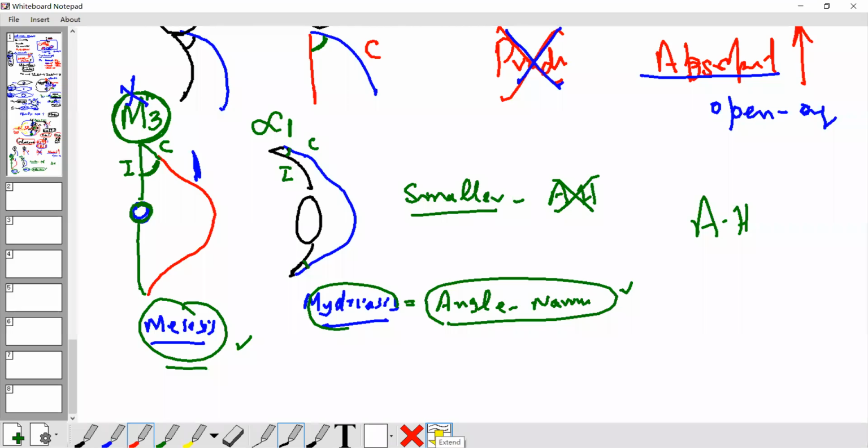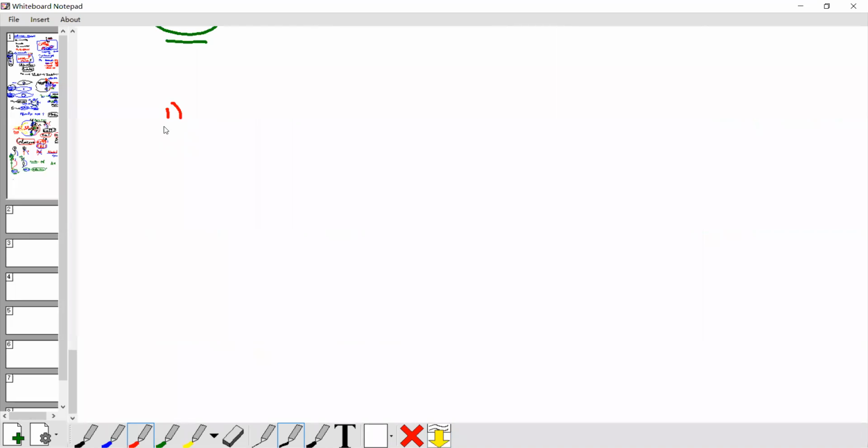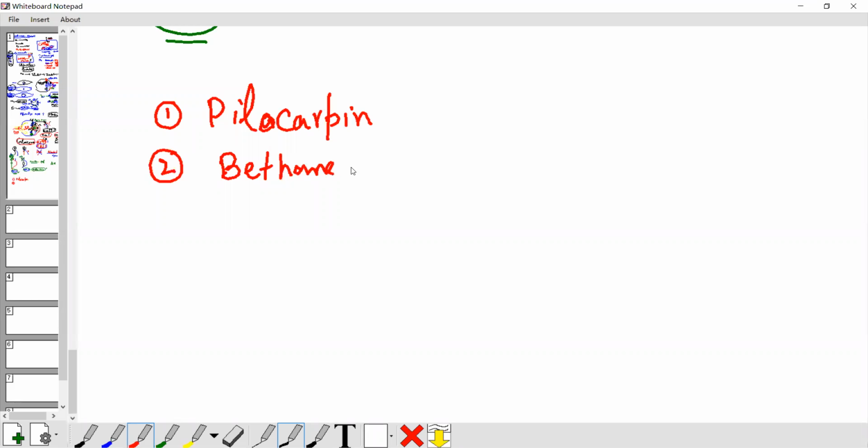Okay, now come back to the drugs again. The first drug we did, pilocarpine. Second drug, bethanechol.